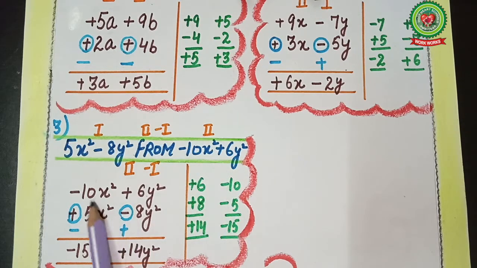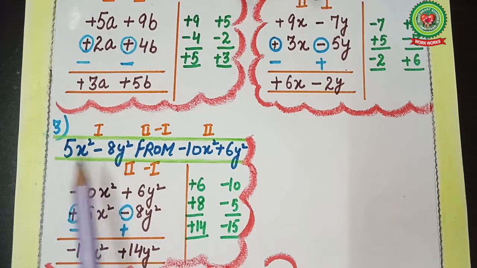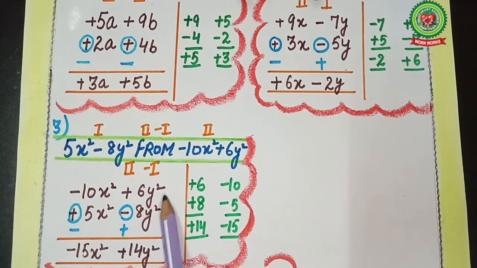Here it is. Minus 10x square plus 6y square, and now we will write the first expression, right? So here it is plus 5x square minus 8y square. So you will write plus 5x square just below minus 10x square and minus 8y square just below plus 6y square. Now we will lock these signs and change them. Now minus will change into plus, plus will change into minus.